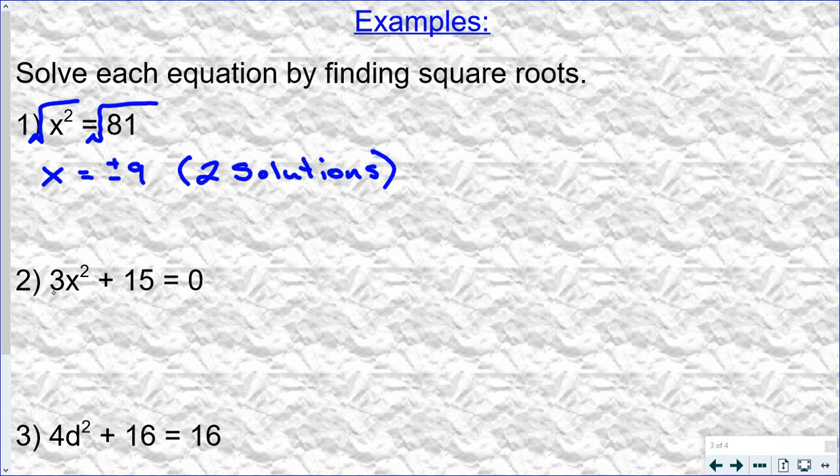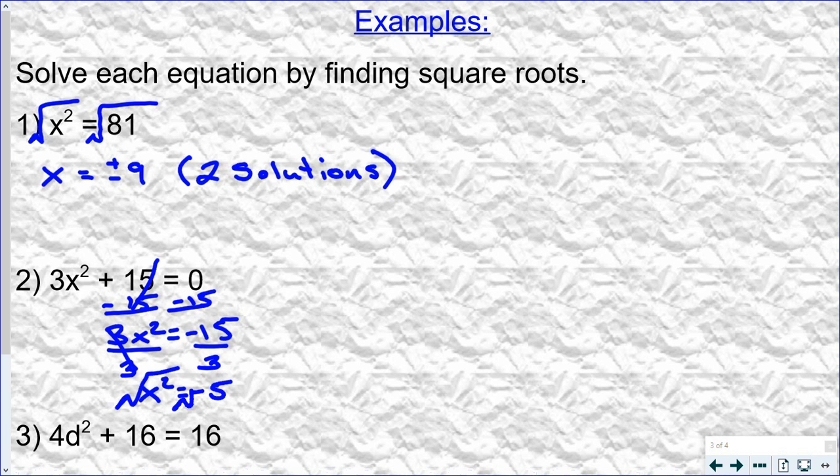All right, let's look at this one. We need to get the x by itself, so we're going to subtract 15 from both sides. Now I have 3x squared equals -15. Divide both sides by 3. Now I have x squared equals -5. Take the square root of both sides.